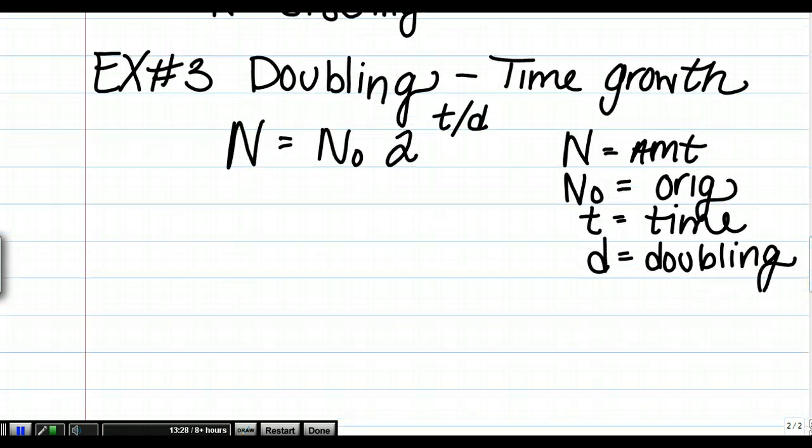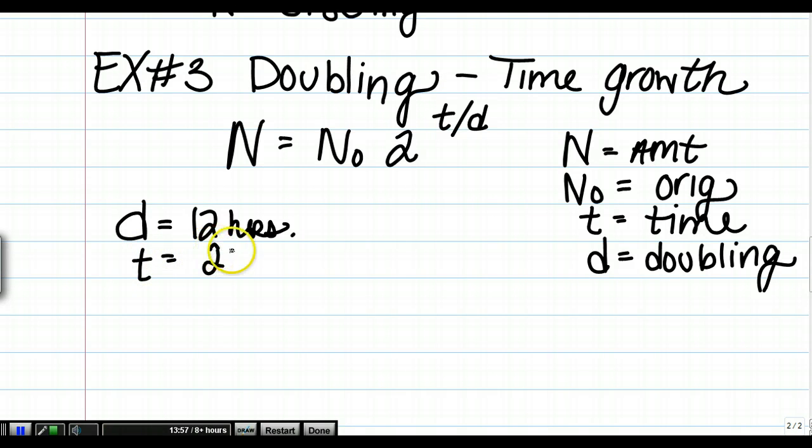So when you look at example number 2, it says that a certain bacteria population doubles in size every 12 hours. So we are doubling in size every 12 hours. By how much will it grow in 2 days? So your time is 2 days.